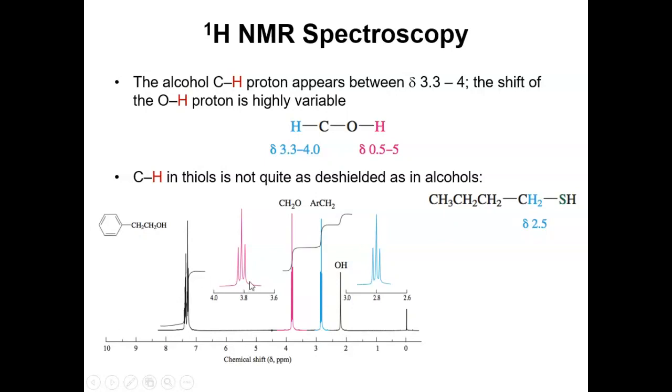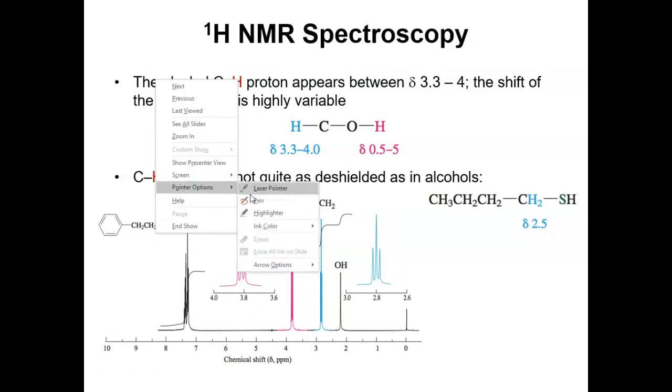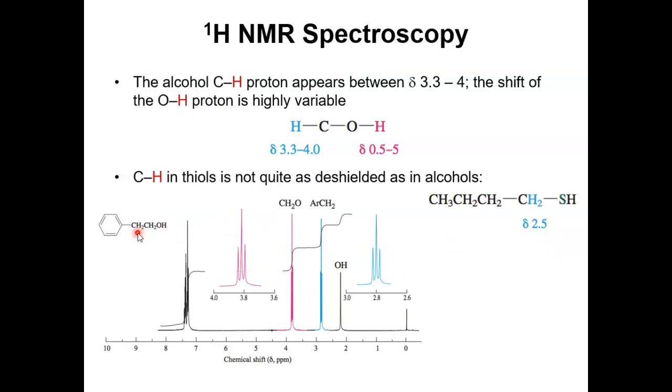Both those peaks are triplets because in this case, the OH proton does not participate in spin-spin splitting. This OH proton is a single proton, and it's a singlet. So these two protons only have these two as vicinal protons, and these two protons only have these two as vicinal protons.